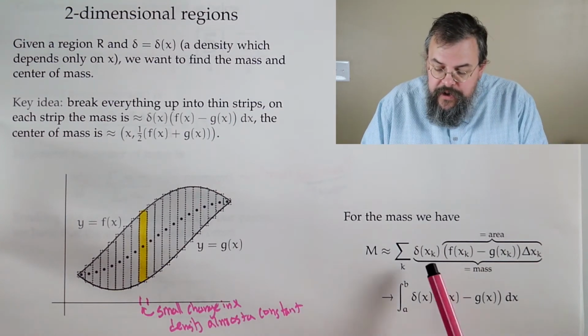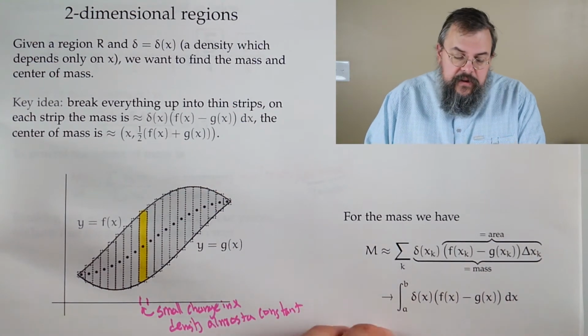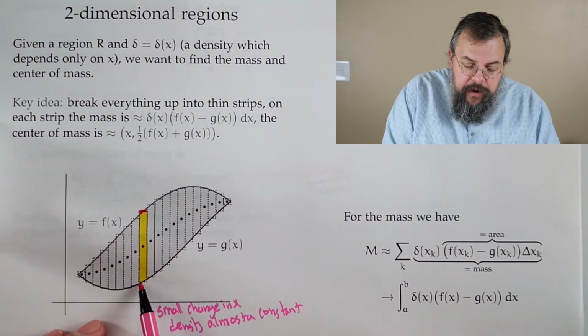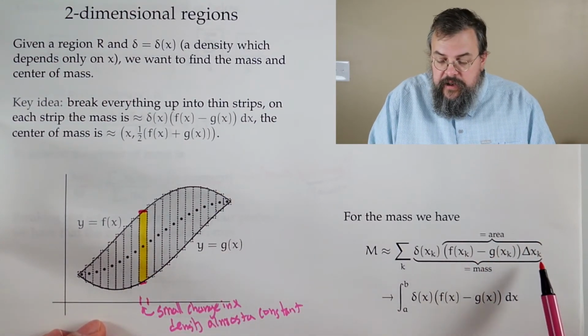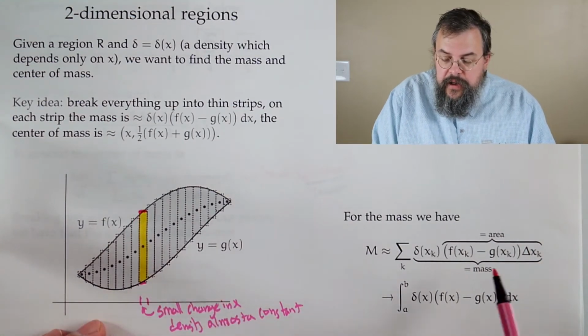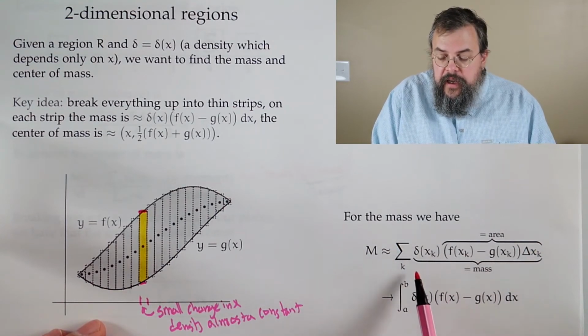So, what's our area? Well, it's the height. So the height is from the top f to the bottom g. So f minus g is the height. This delta x is the width. If we take height times width, we get area. Multiply area by density, you get mass.